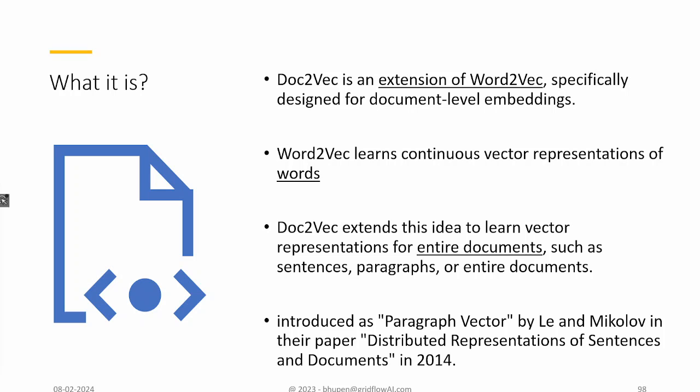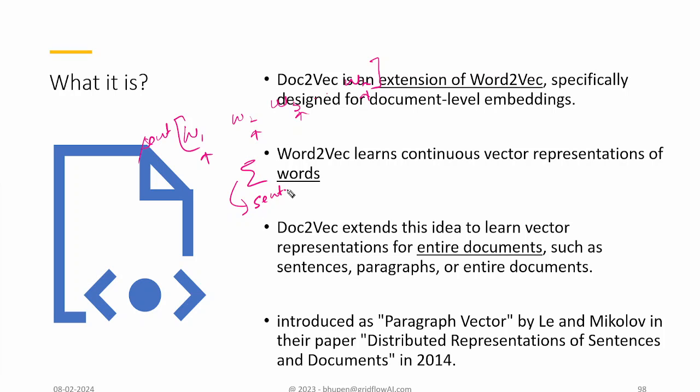Now, one of the simplest techniques that we can use here would be, for example, let's say we have word one, word two, word three, and word n, and that represents your sentence. If we know the word vectors for each word, we can add them together, and that will represent the sentence.